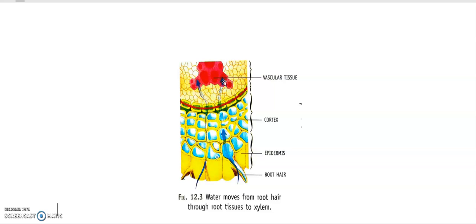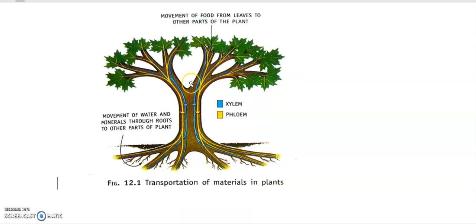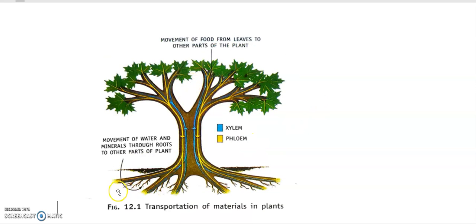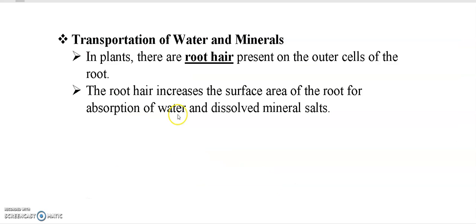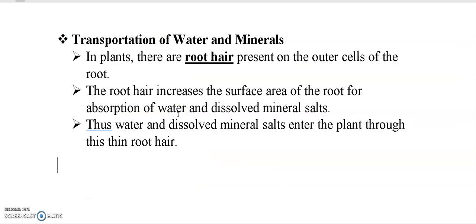Such root hairs are present here. From here the water goes inside and then it reaches the upper part. So basically, water and dissolved mineral salts enter the plant through this thin root hair.